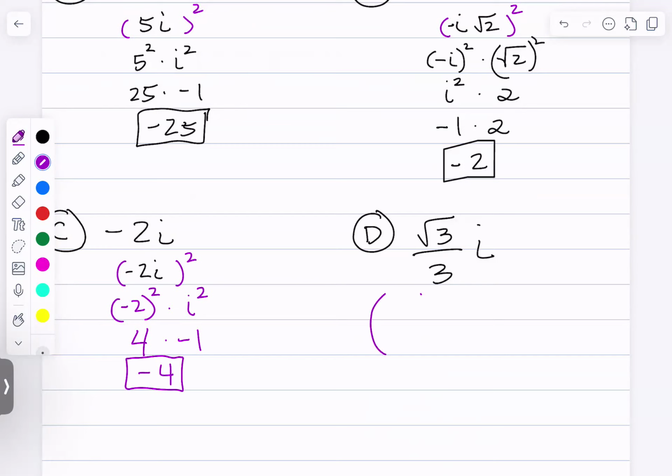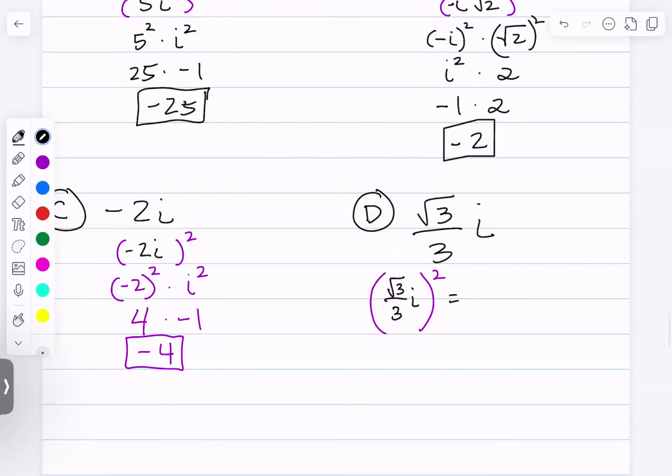This one's kind of funky. Square root of 3 over 3i. The square is distributed to each and every term. Okay, this squared goes to the numerator, goes to the denominator, and goes to what's being multiplied. All right.